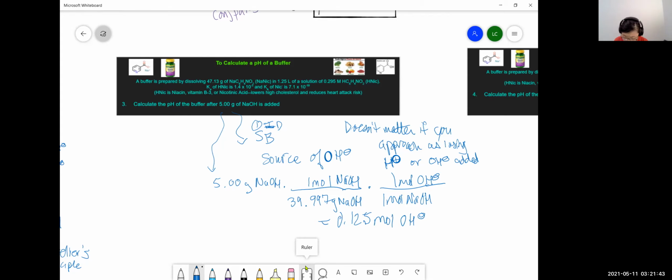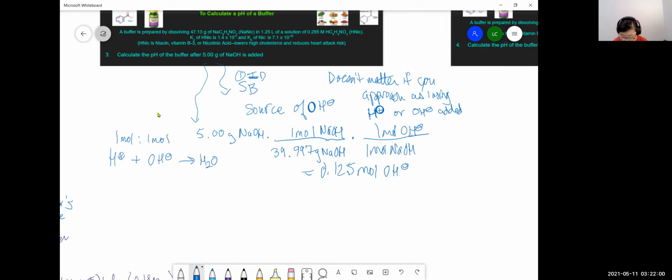Okay, so this is a strong base. It reacts with H plus: H plus and OH minus give you water. So it's 1 mole to 1 mole, that's the stoichiometry of H plus to OH minus. And so once you do this, all you need to do is find the concentration of OH minus.